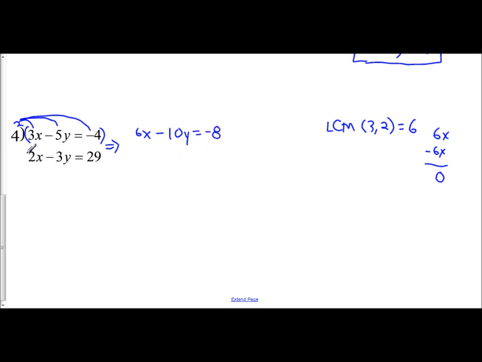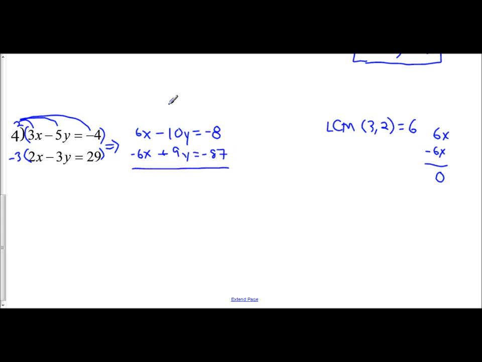Now I want the bottom equation to be my negative 6x, so I'm going to multiply by negative 3. Distribute it, you get negative 6x plus 9y equals negative 3 times 29, and that's going to give me negative 87.